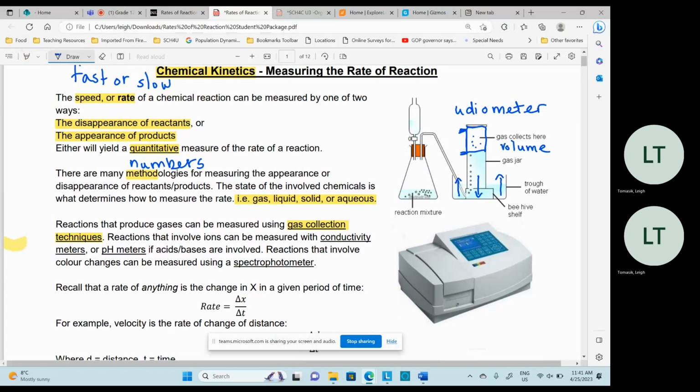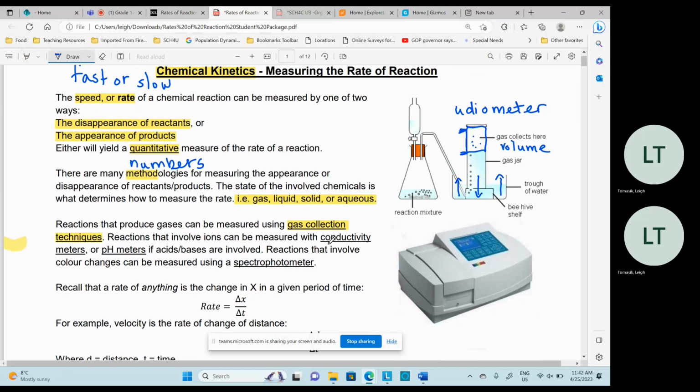So that is for gases. That's how we measure the volume of the gas, and then we have to do a lot of math. If you took grade 11 recently, that was the last unit in grade 11, about gases. And we have to compare the volume to the pressure and the temperature.